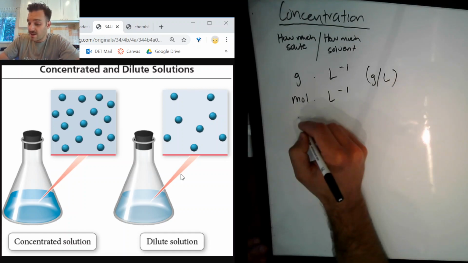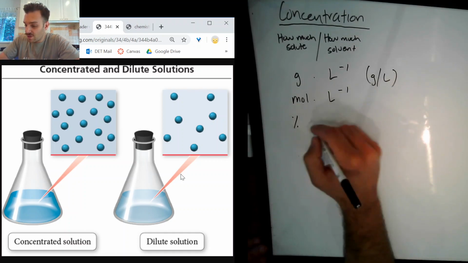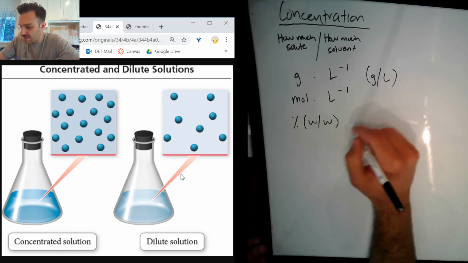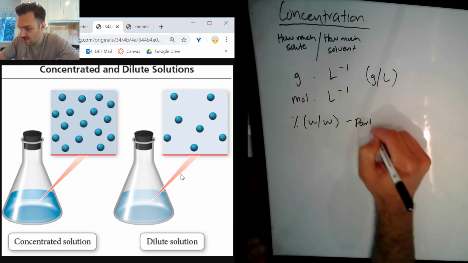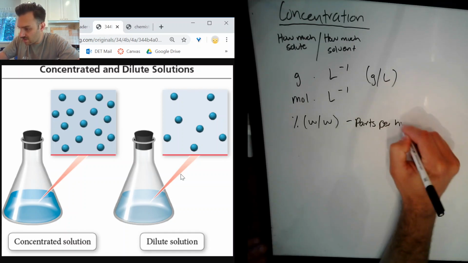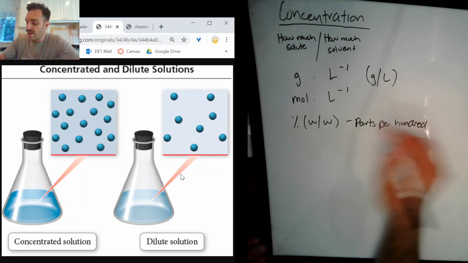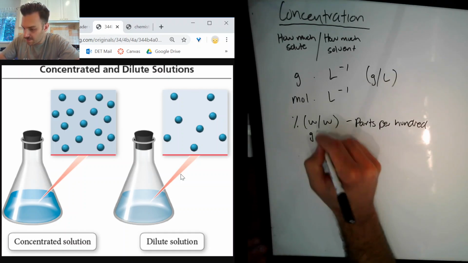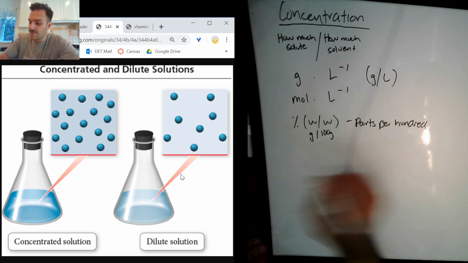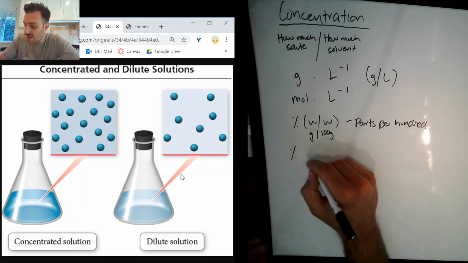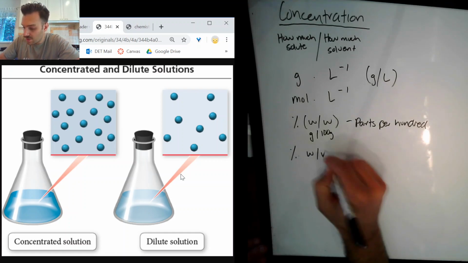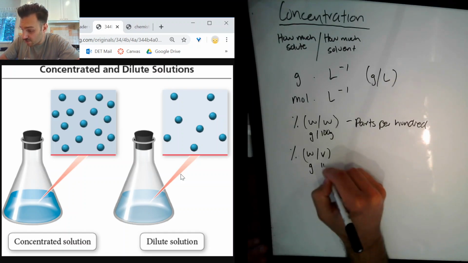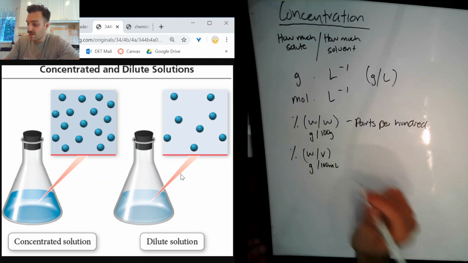You can have percentage weight per weight, which is kind of the same as parts per hundred. So this is basically saying how many grams are there per 100 grams of the substance. You can have percentage weight per volume, which is saying how many grams are there per 100 mils of the substance.